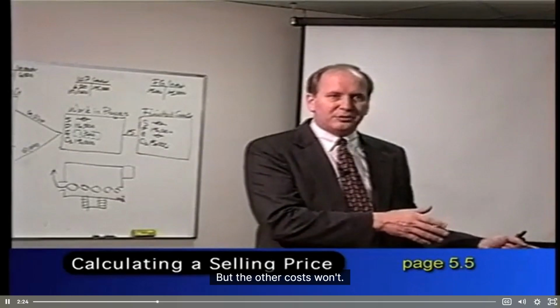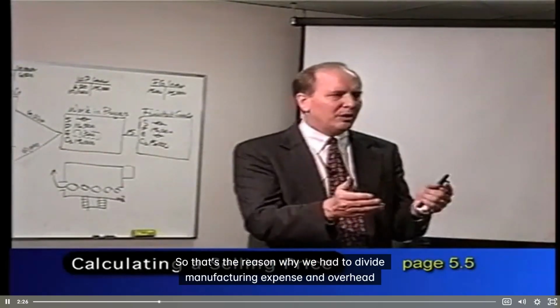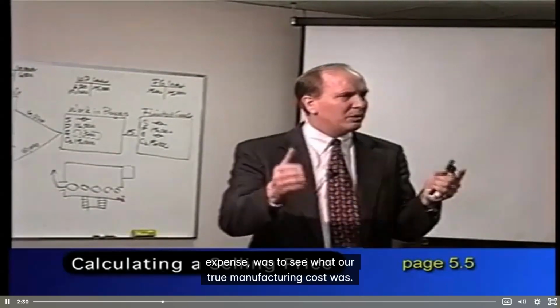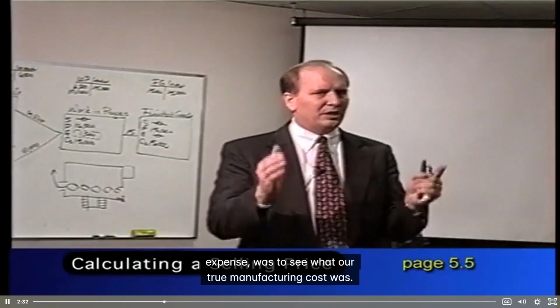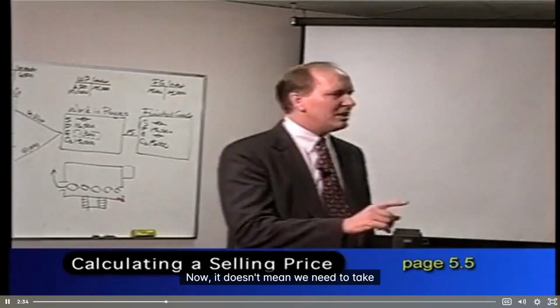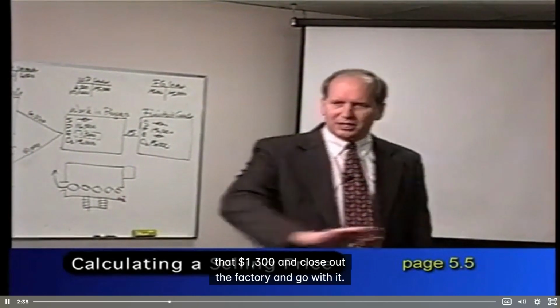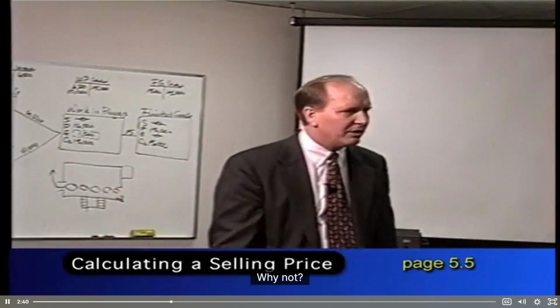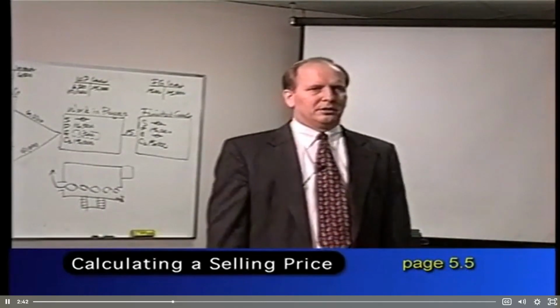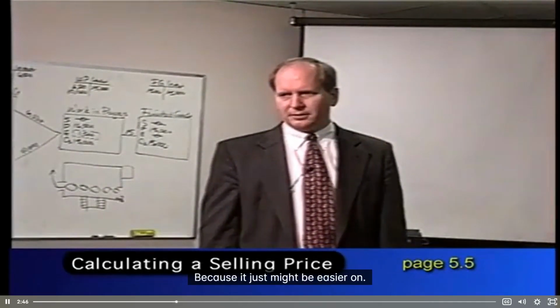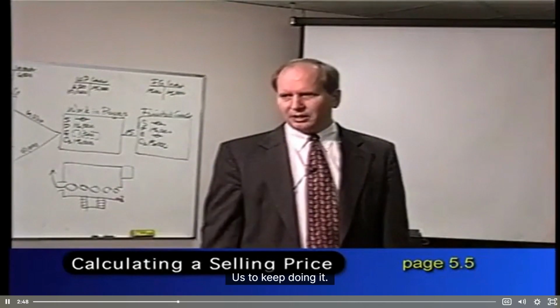But the other costs won't. So that's the reason why we had to divide manufacturing expense and overhead expense, was to see what our true manufacturing cost was. Now, it doesn't mean we need to take that $1,300 and close out the factory and go with it. Why not? Because it just might be easier on us to keep doing it.